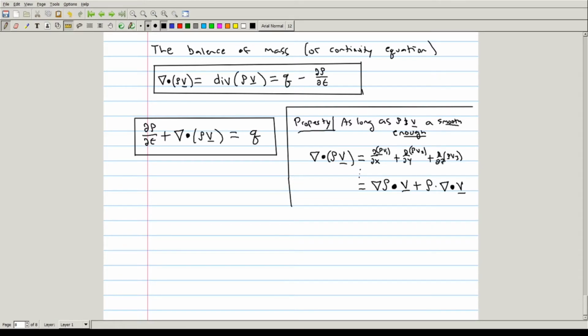And what's useful about this is that this can be rewritten.